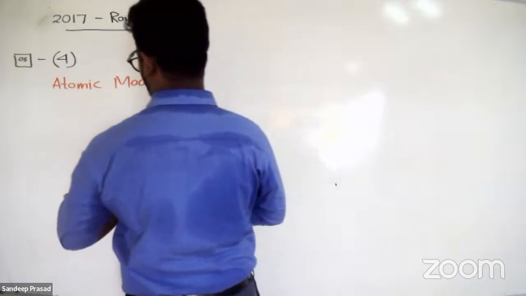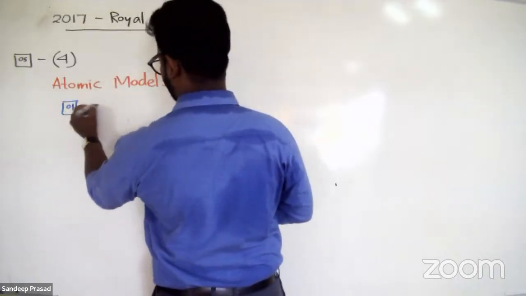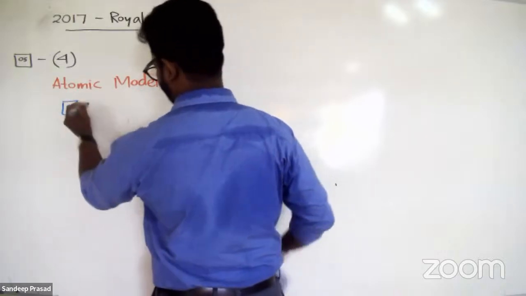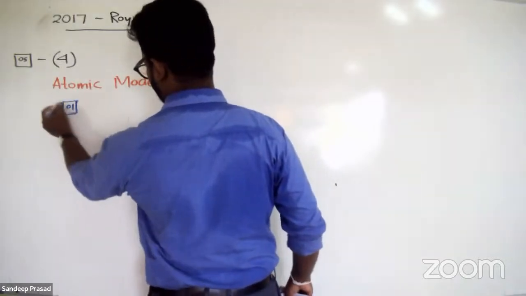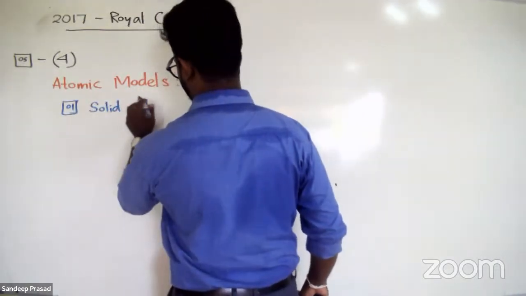The very first atomic model was introduced by whom? John Dalton. That is the solid sphere model.